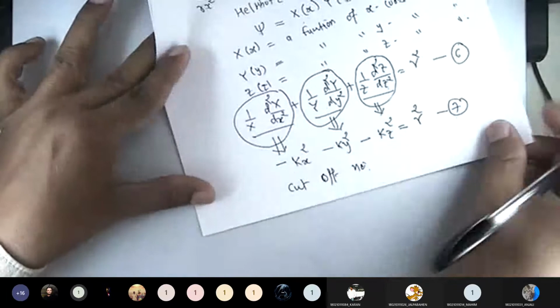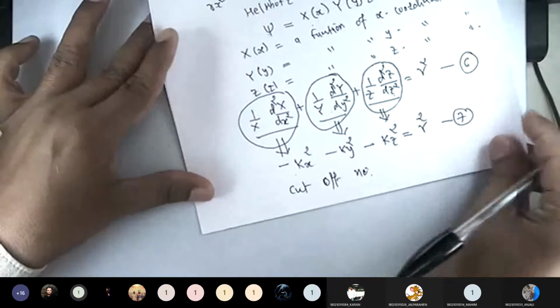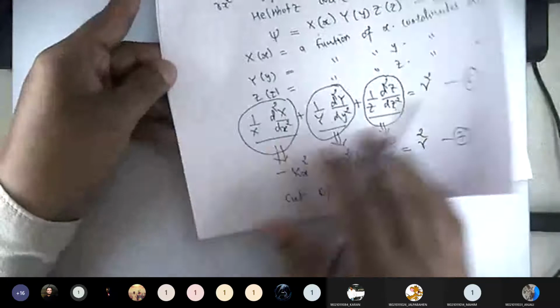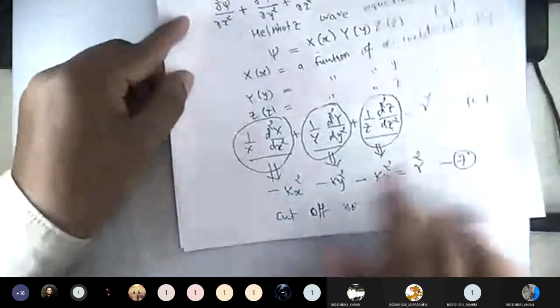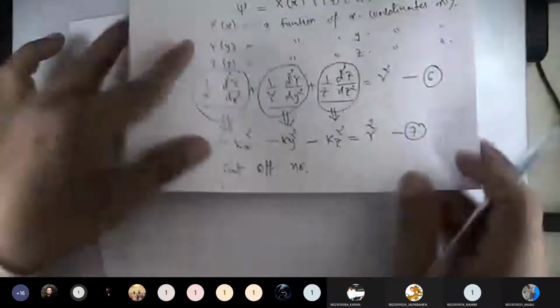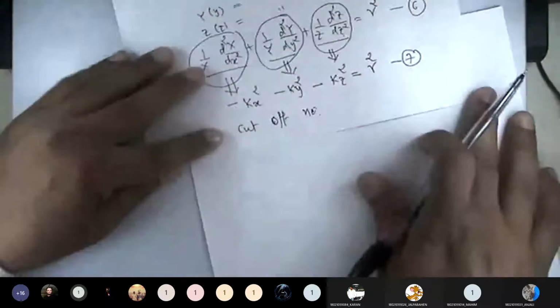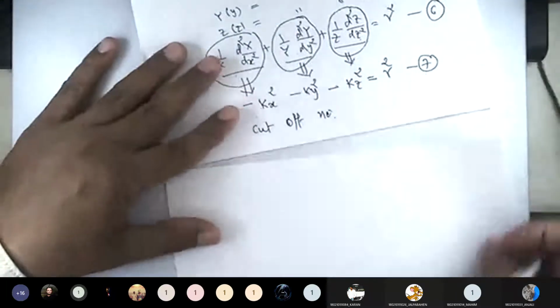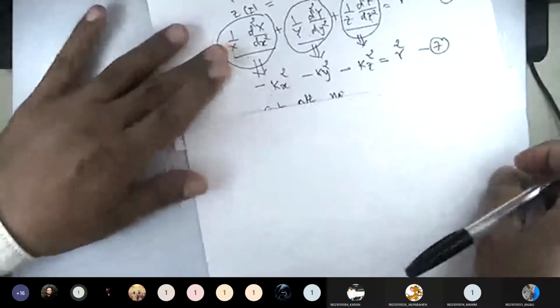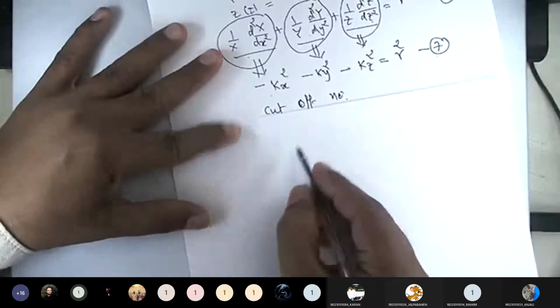So to solve this equation, we have seen in our previous class the general solution of each of these differential equations.